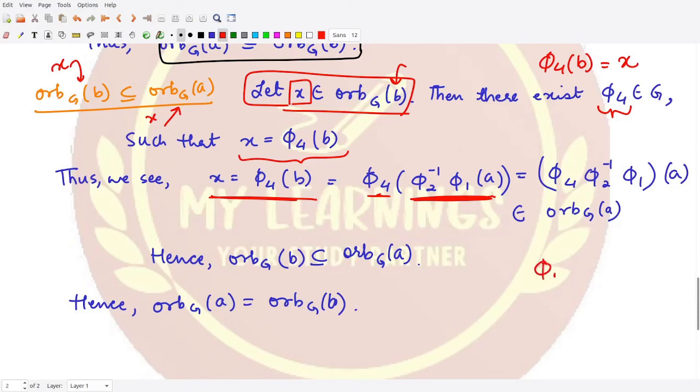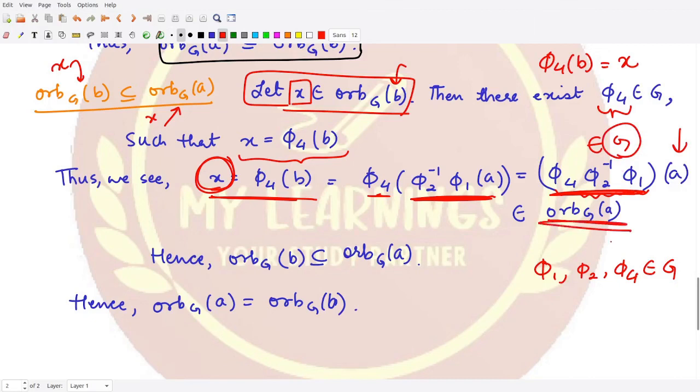Because phi 1, phi 2 and phi 4 are all permutations taken from the group G, this composition is also present in G. So we can write our x as some permutation in G times A. So this x becomes the image of A under a permutation taken from G. So this x is now a member of orbit of A according to the definition of orbit.